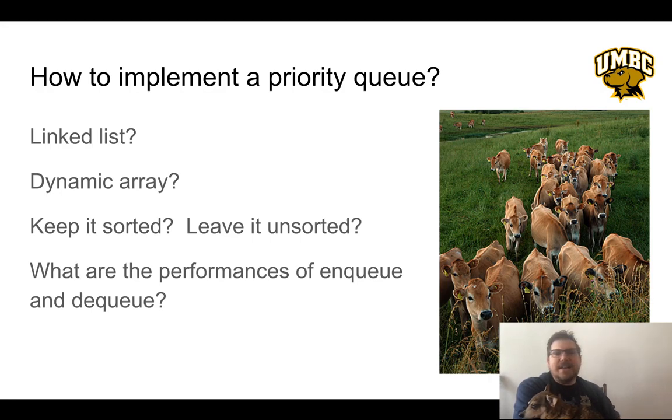So if I had a linked list, I could keep the element that I'm going to DQ next at the front, and I could keep the whole thing sorted. It's nice. Same with a dynamic array. They'd both be the same. The problem is, though, my insert could be very slow.